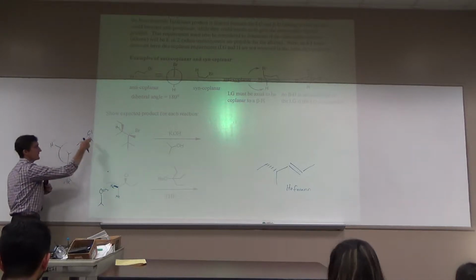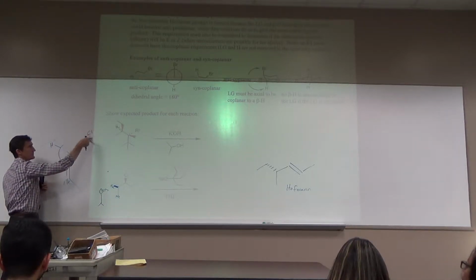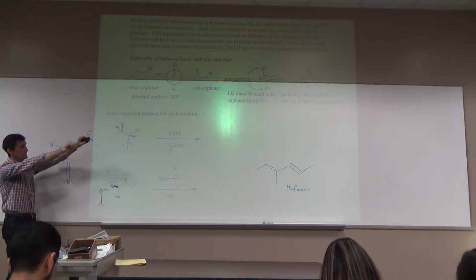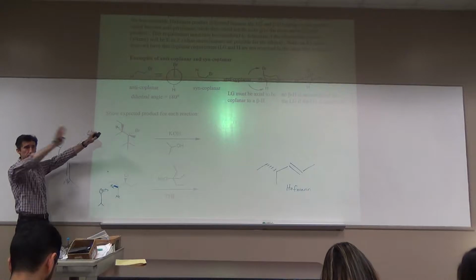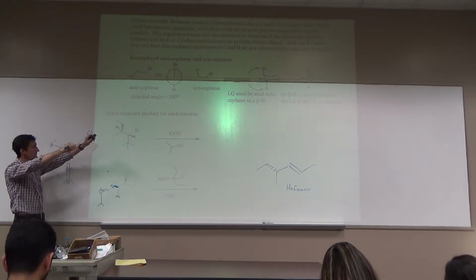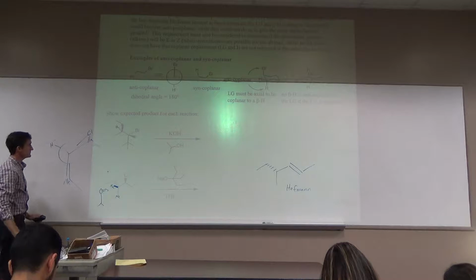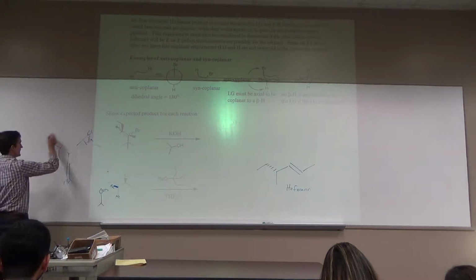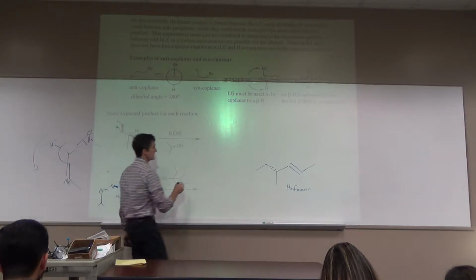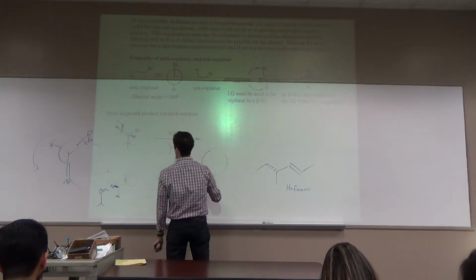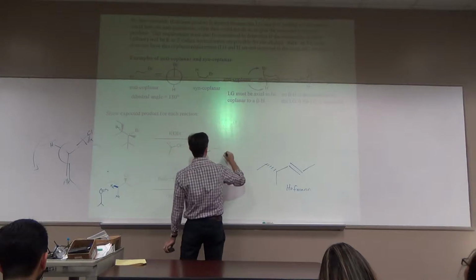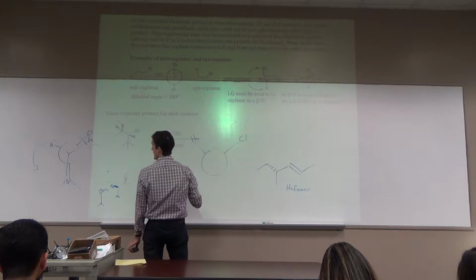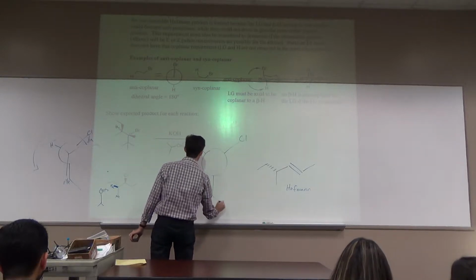As on the board, the H that's being eliminated and the leaving group are not anti-coplanar. They're actually syn-coplanar. They're eclipsing. They're both like this. Here's the plane, there's syn. We need to rotate this H over here. If I turn the front and put the H over here, okay, I'm not turning the back, so the Cl is here, the H is here, and the ethyl is here.